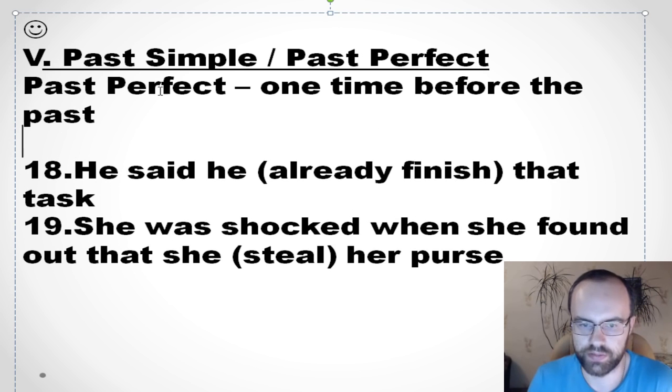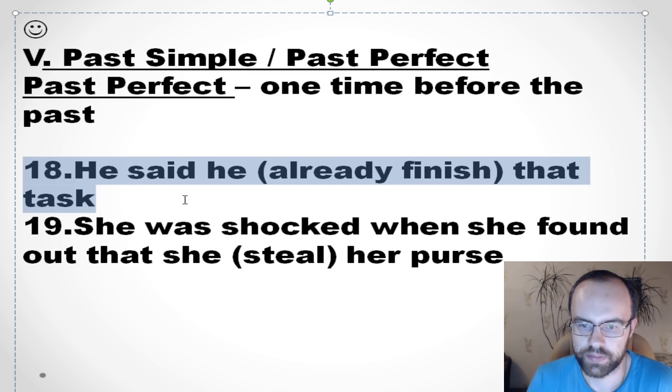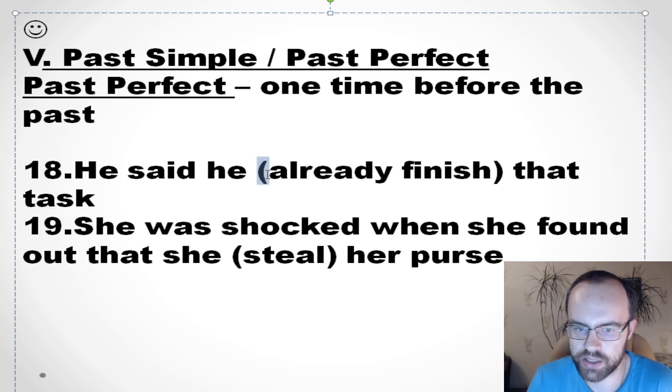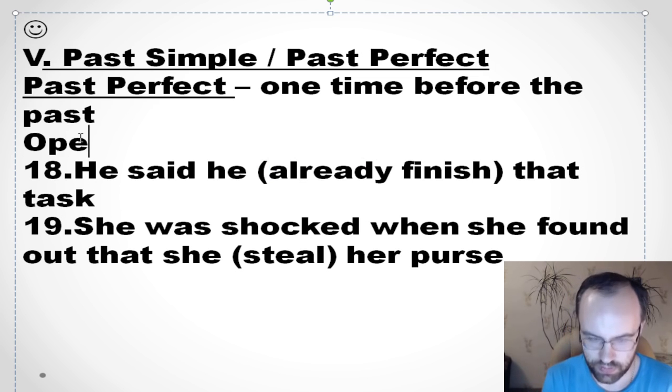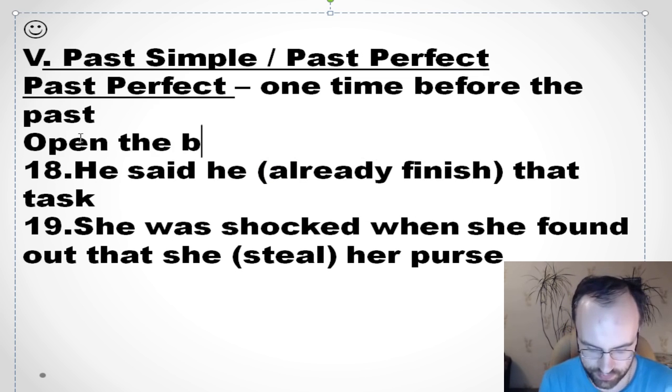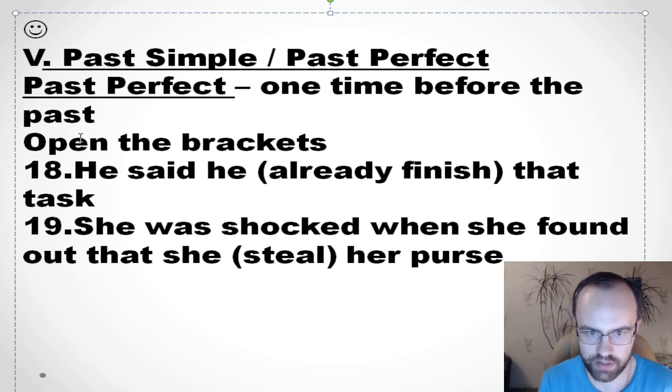Please choose the right answer. Open the brackets. We call these things brackets.